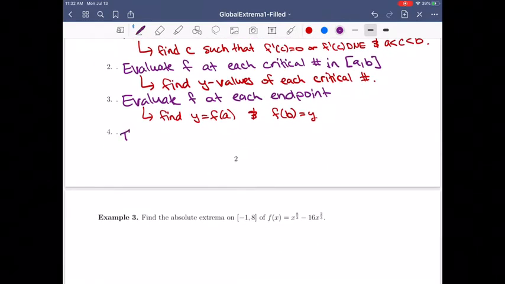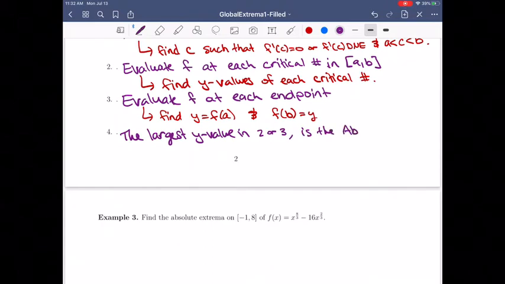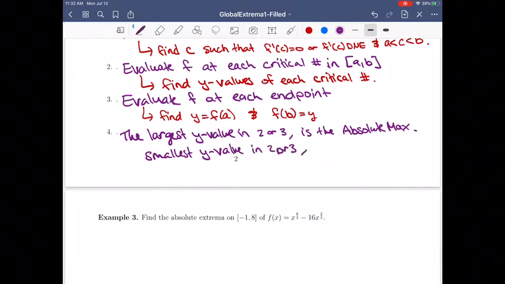So the largest y value in step 2 or 3 is the absolute max, or global max, and the smallest in each of those steps is the absolute min.